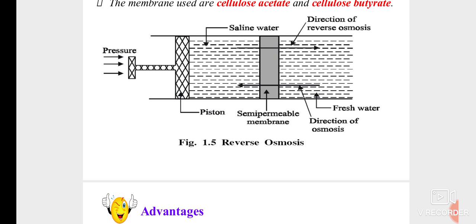Any type of anions and cations available in the water are absorbed by the membrane. Okay, the common membranes used in this method are cellulose acetate and cellulose butyrate. These are very good examples of semi-permeable membranes.